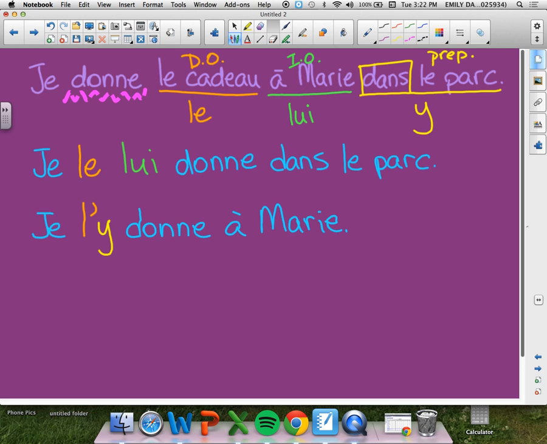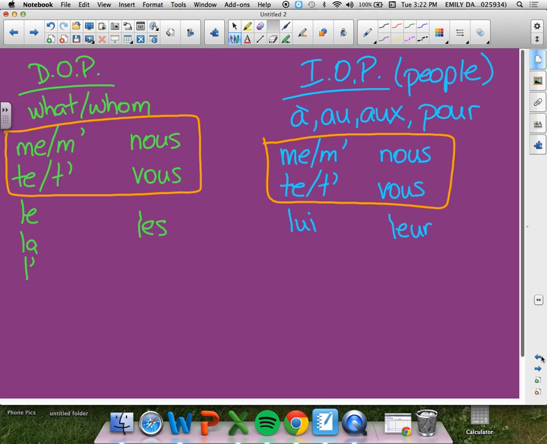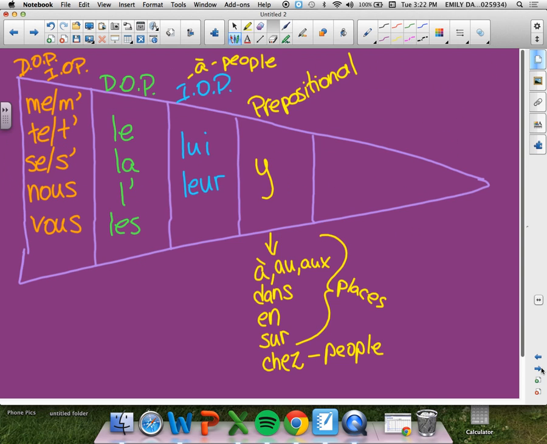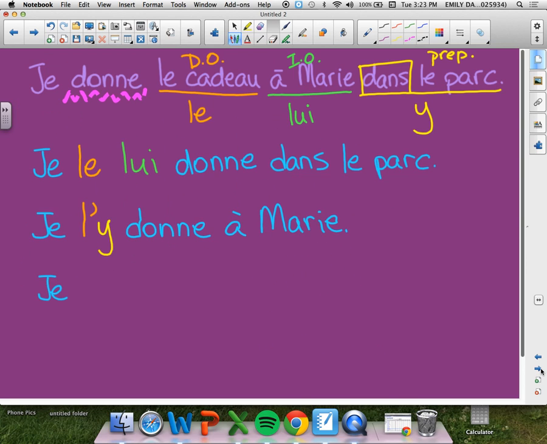And now let's replace the indirect object and the prepositional. All right? So I've got je. I know my verb is still the same because I'm still working with the same sentence. So I've got lui. My indirect object is lui. My prepositional is y. So it's there. So I know my lui needs to come first.